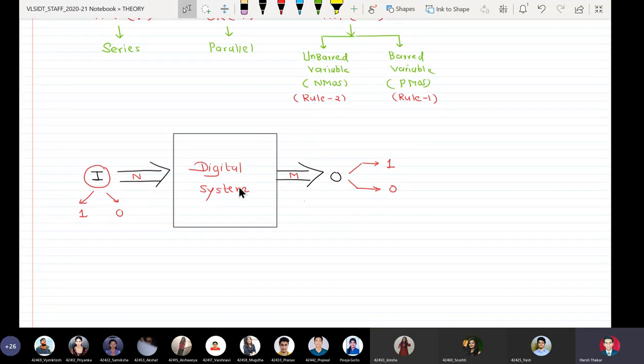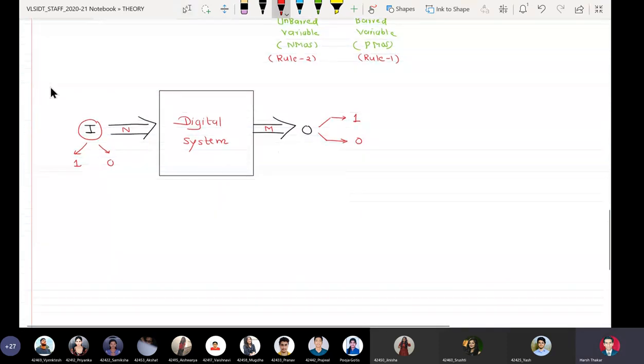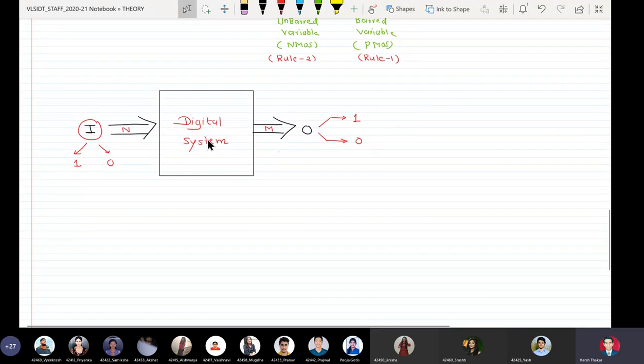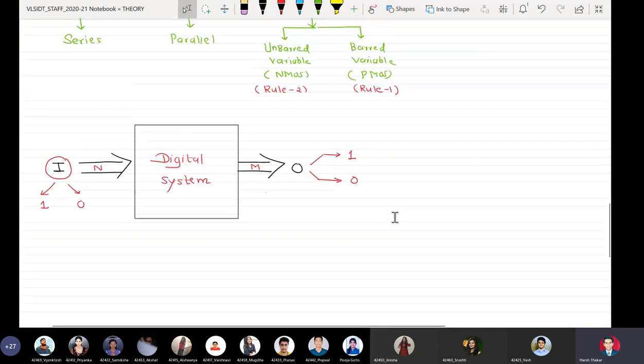This is a very, very basic question. What makes this possible that a digital system's output becomes 0 or 1? Or I can say, what do you mean by saying that the output is 1 or 0?